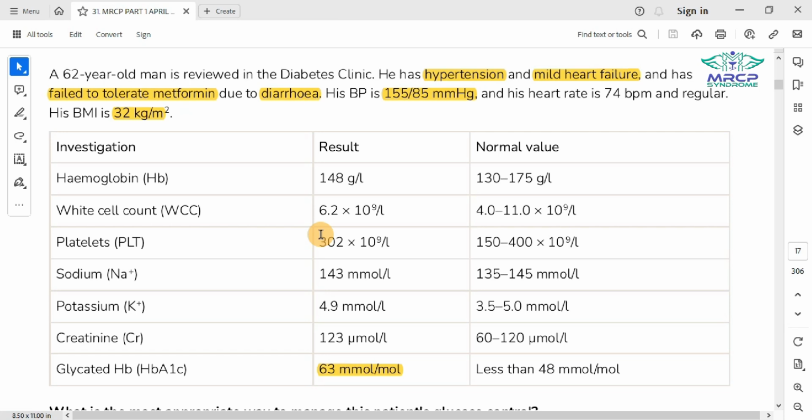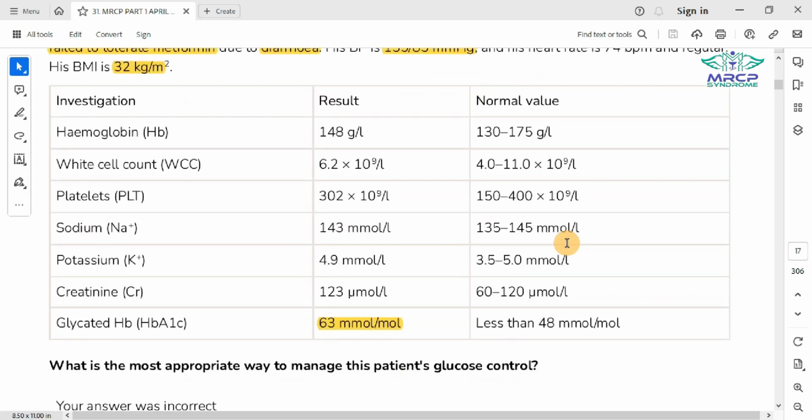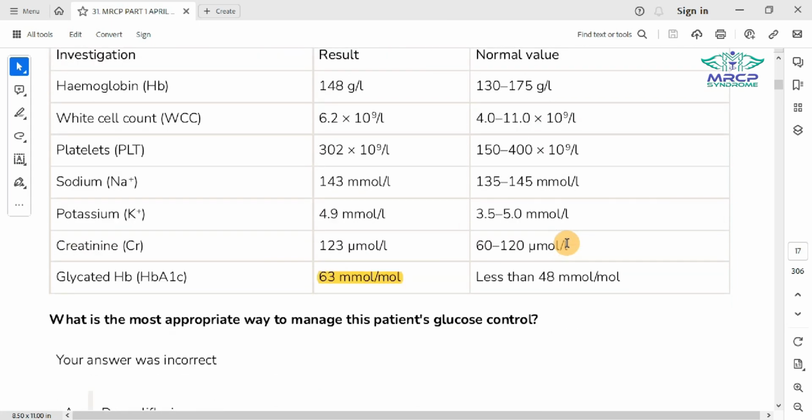The blood pressure is 155/85 millimeters of mercury and the heart rate is 74 beats per minute and regular. His BMI is 32 kg per meter squared. Hemoglobin, WBC and platelets are normal; sodium and potassium are normal, creatinine a bit high. And glycosylated hemoglobin, HbA1c, is raised at 63 millimole per mole.